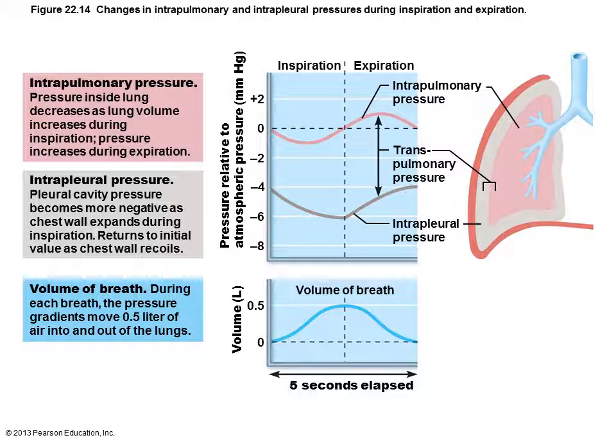Pleural cavity pressure becomes more negative as the chest wall expands during inspiration and returns to its initial value as the chest wall recoils. The bottom part in blue shows the volume of breath. During each breath, the pressure gradient moves about 0.5 liter of air into and out of the lung.